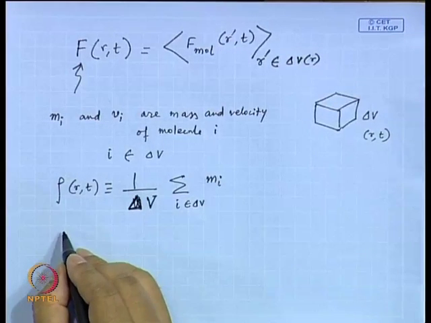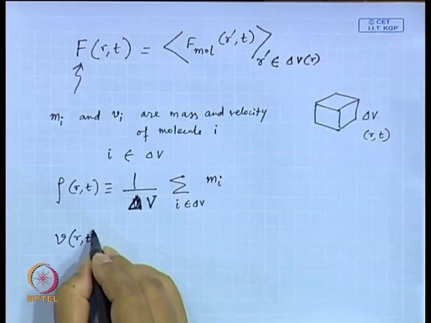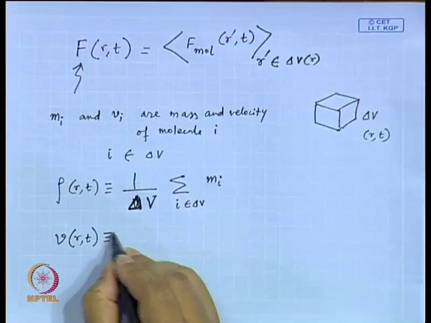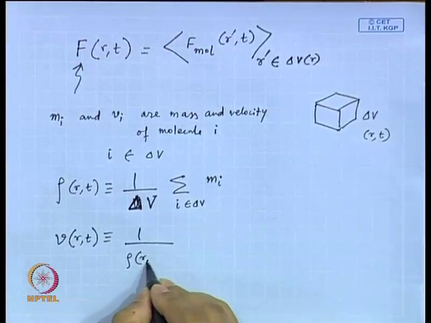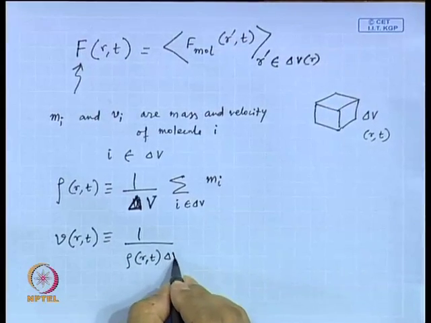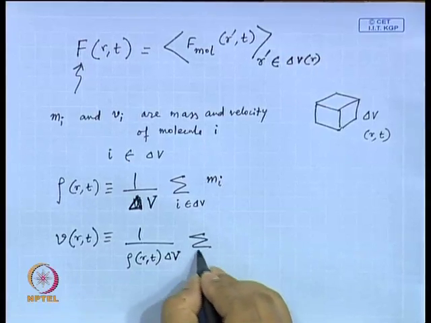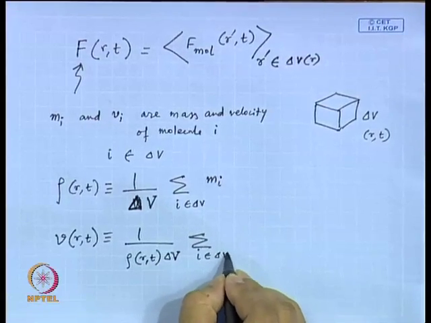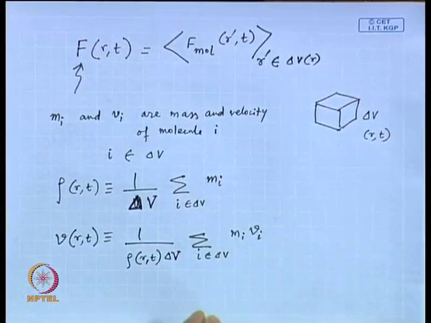And the other expression that you have is velocity, as a function of r and t, given as 1 divided by rho(r, t) delta V times the sum over i belonging to delta V of m i v i.